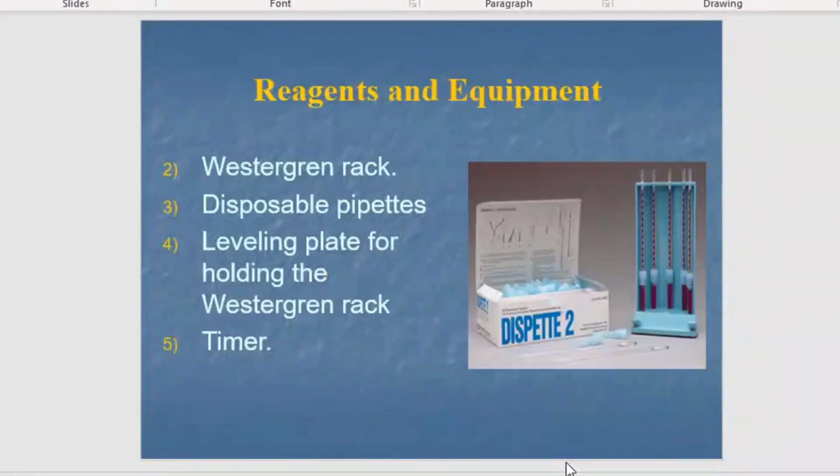Then the reagents and equipment: the Westergren rack. So the Westergren rack is this one, right? And then disposable pipettes, you can have disposable pipettes here, and then a leveling plate for holding the Westergren rack. This is the leveling plate.